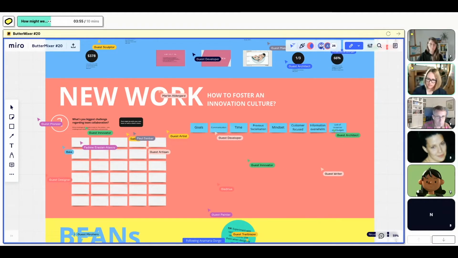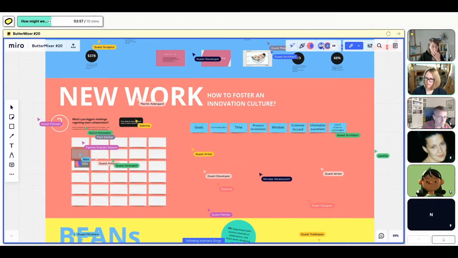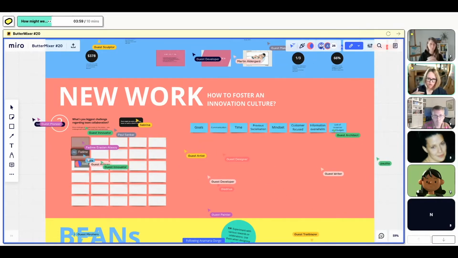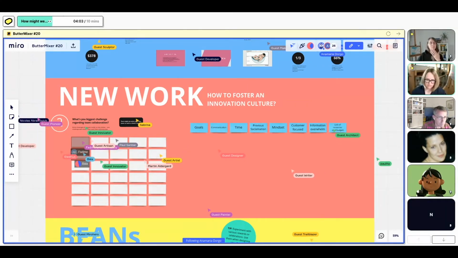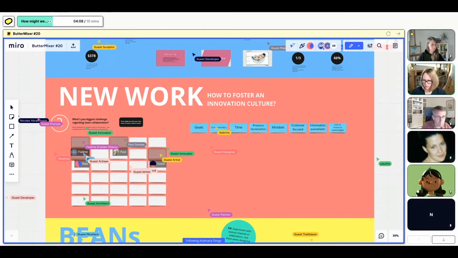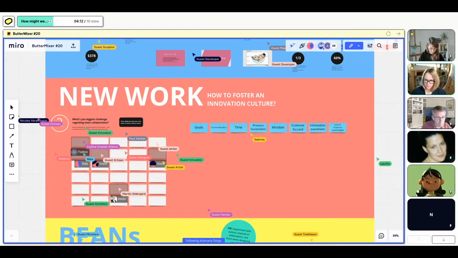You can think of a team, let's say your own team in your organization, or you can also think of a client's team. If you are an external consultant or facilitator, think of a project you're on. What is the biggest challenge regarding innovation?